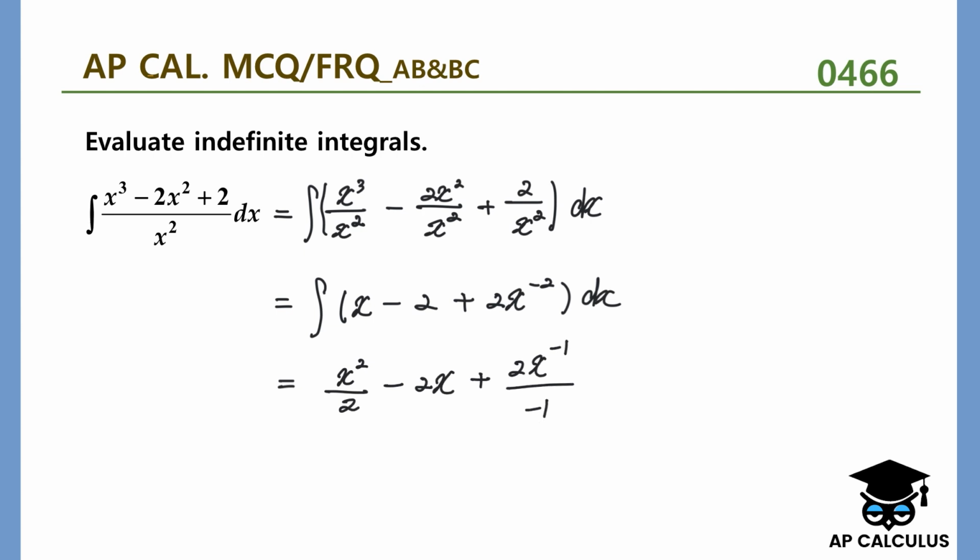After we find our antiderivative, we have to add a constant c. So that's equal to x squared over 2 minus 2x, minus 2 over x to the power of negative 1, that's 1 over x. So 2 over x plus c. That's our answer.